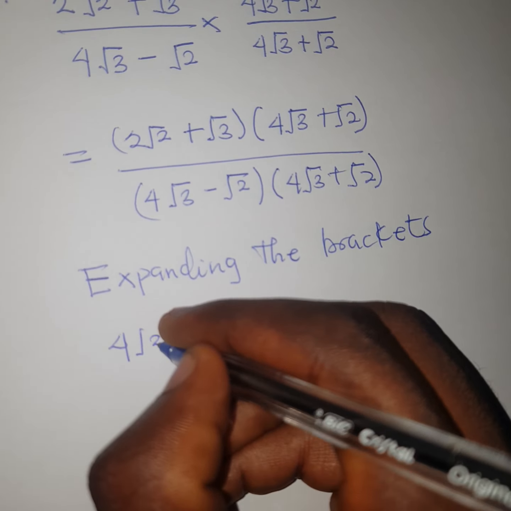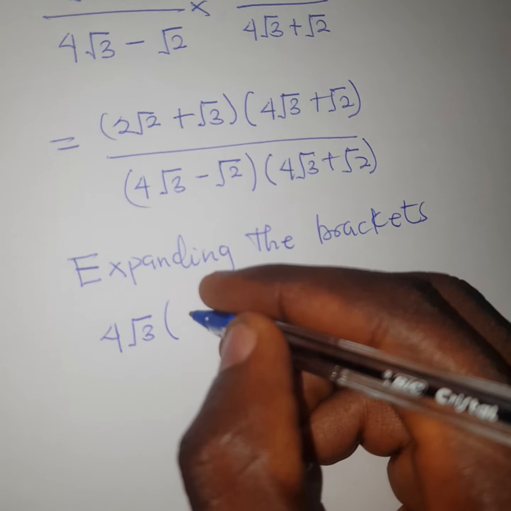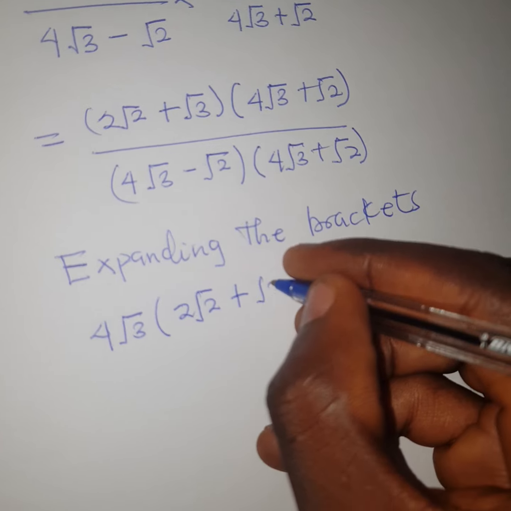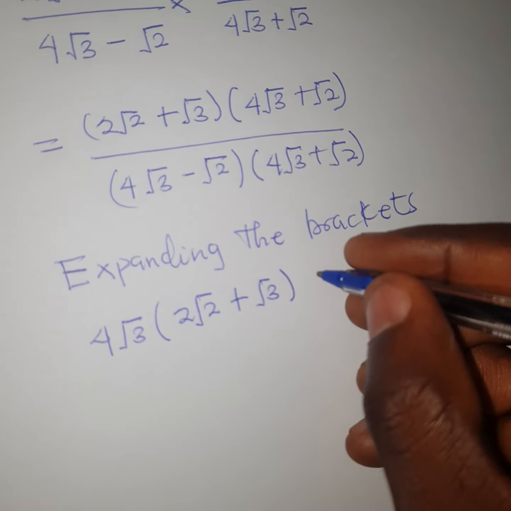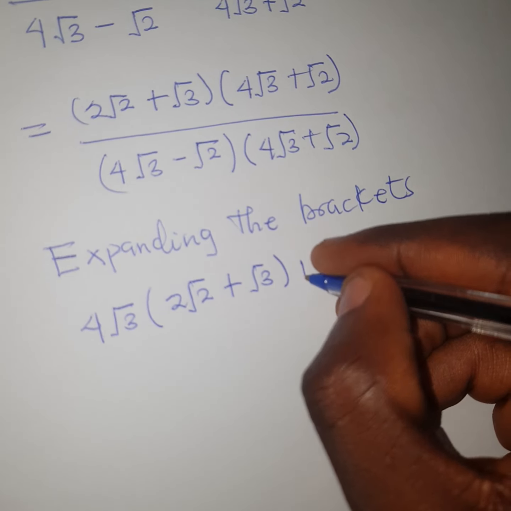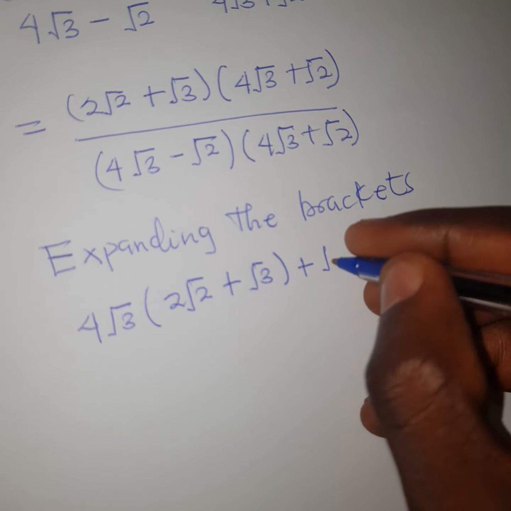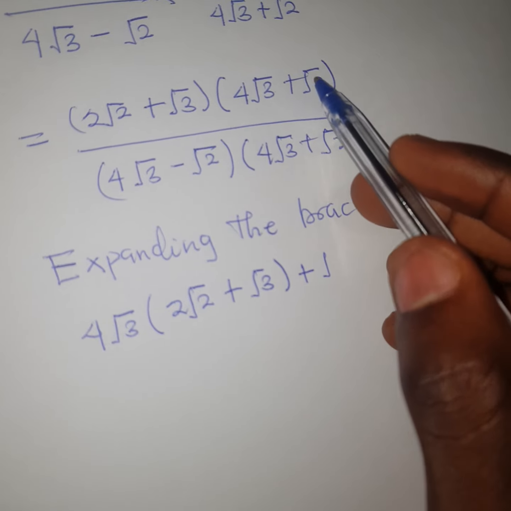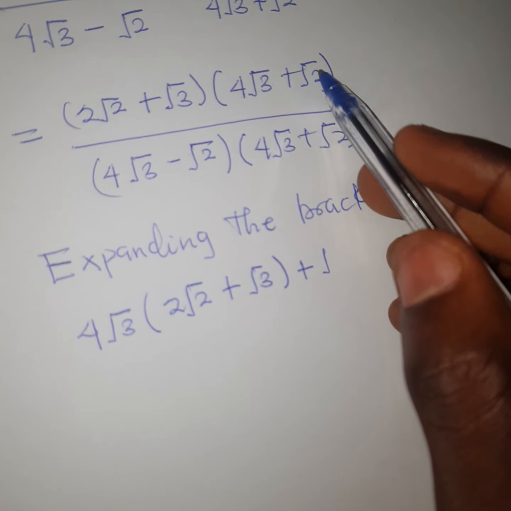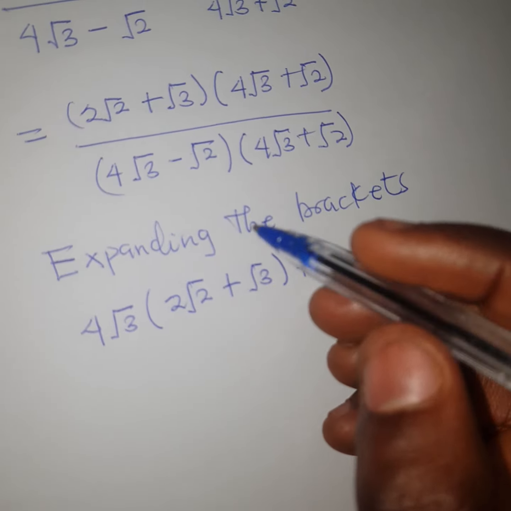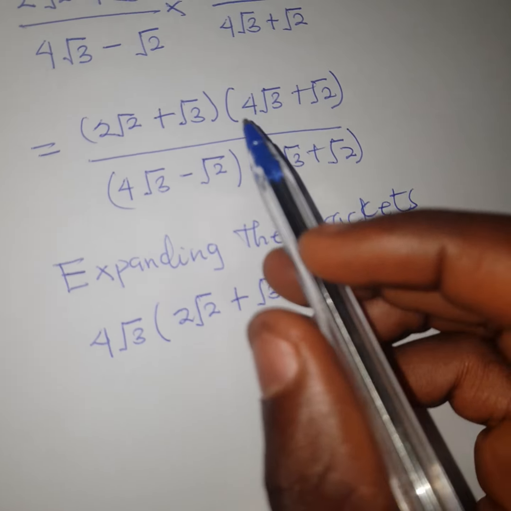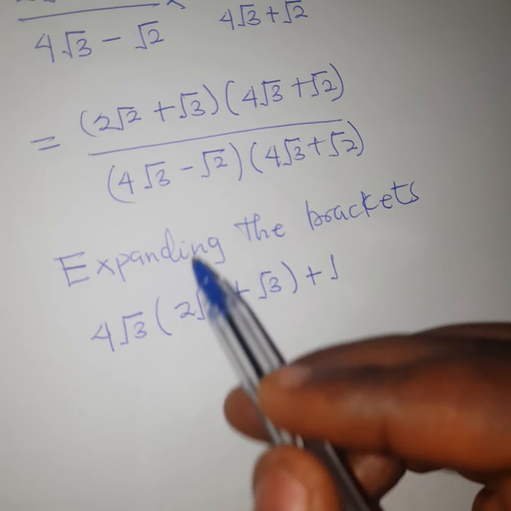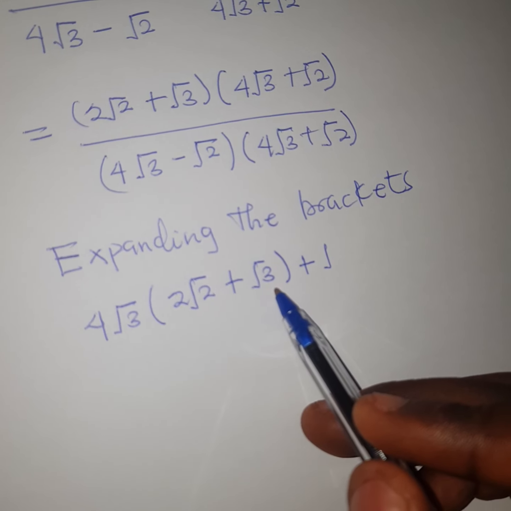4 root 3 multiplied by 2 root 2 plus root 3, then plus, so you first pick this term, multiply it by the whole of this bracket, and pick this term and multiply it by the whole of this bracket. So we first pick 4 root 3, and then we multiply it by the whole of this bracket, and this is what we have here.